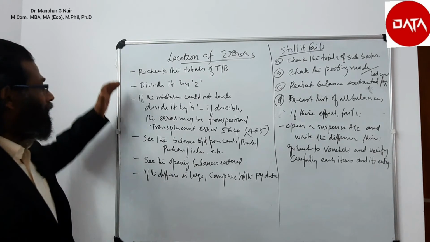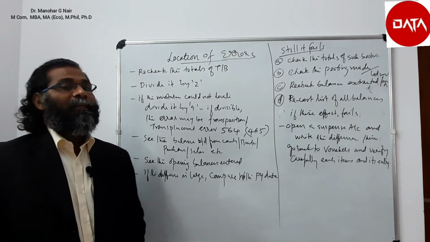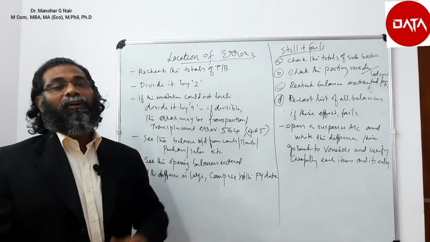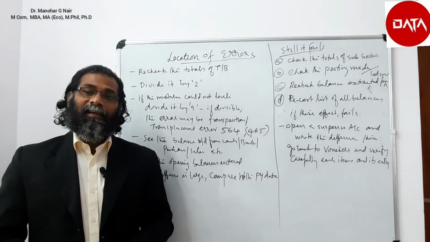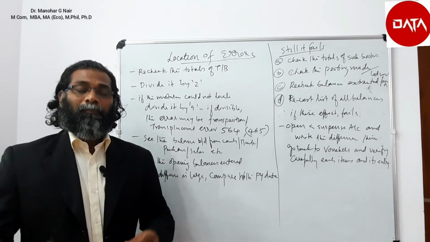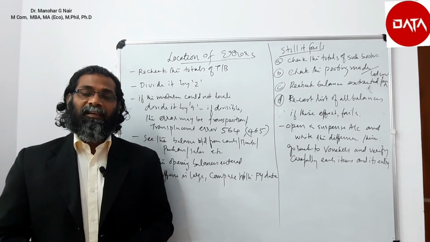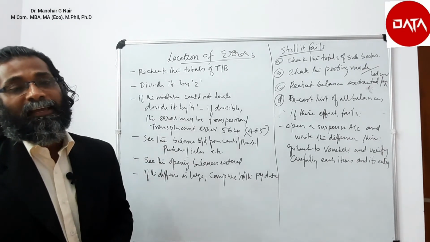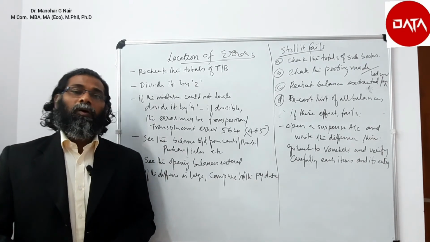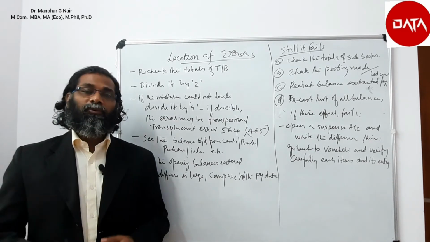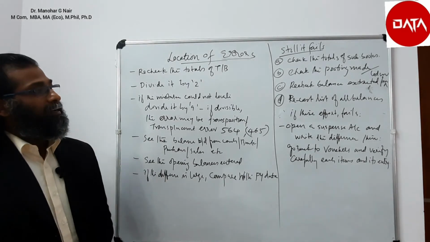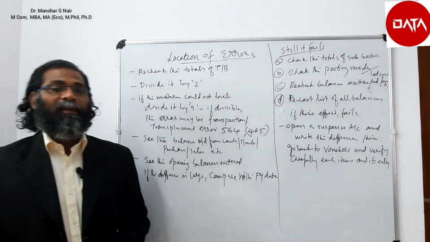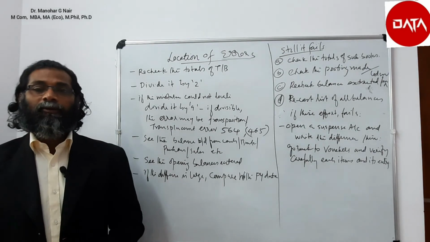Even after doing all these steps, if the errors could not be located, then go back once again to the subsidiary books. Start verifying each voucher and see whether the proper entry is made for each transaction in the subsidiary journal or in the general journal. Then check the posting made based on the journal entry you have passed, whether it is correct or not.